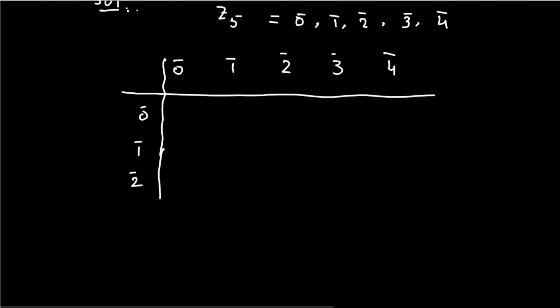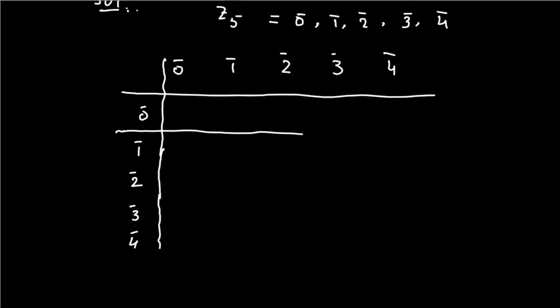Remember that you just want to clear the concept related to ring and field. So I am trying my best to give you good writing, but sometimes, just like over here, I have a little bit of difficulty drawing the table.